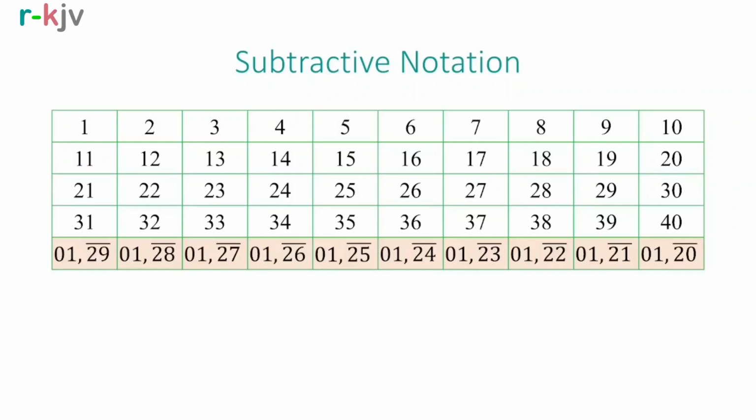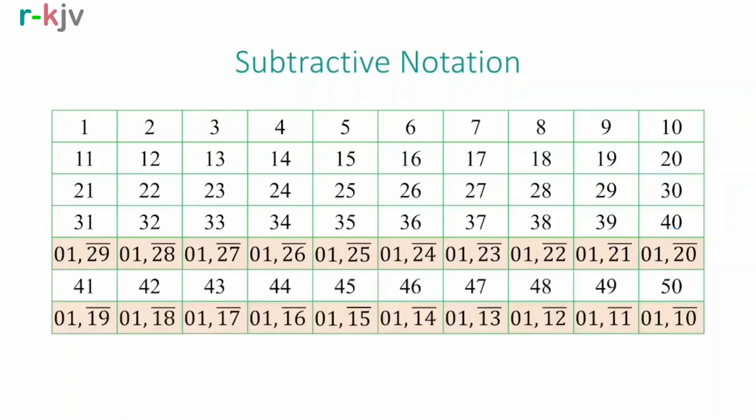Then use a comma as a positional separator. 60 is represented as 01, 00. 31, which is 60 less 29, is written as 01, bar 29. And 40 is 01, bar 20.